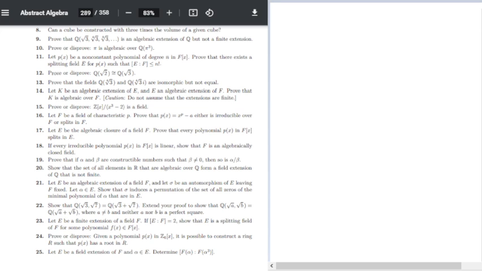Let's prove Z[x] over x cubed minus 2. Prove that's a field. I mean, I'm actually wondering about this. So, proof, alright, Z[x] over x cubed minus 2.